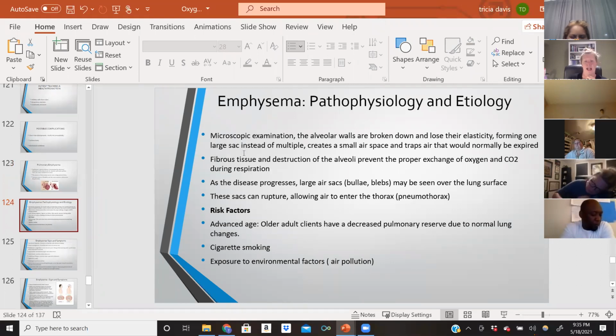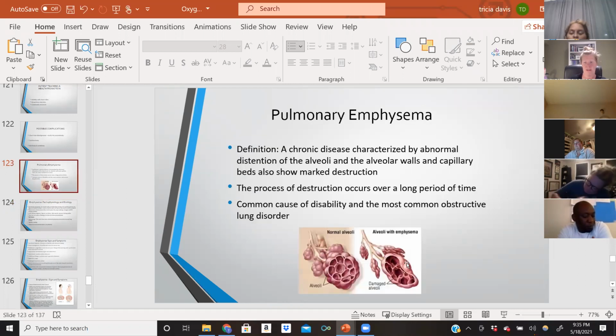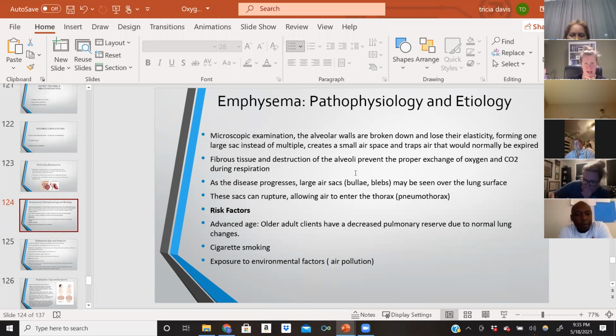So pathophysiology: the alveolar walls are going to be broken down. They lose their elasticity. They form one large sac instead of multiple. Let's go back to that picture. See over here, multiple little alveoli. Over here, one large sac. It creates a small airspace and then it traps air that would normally be expired.